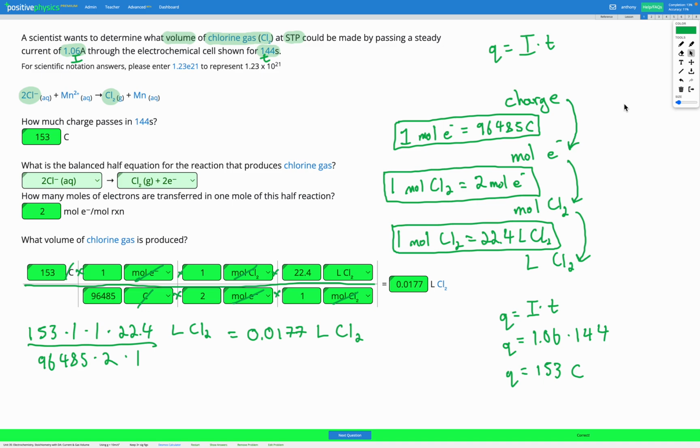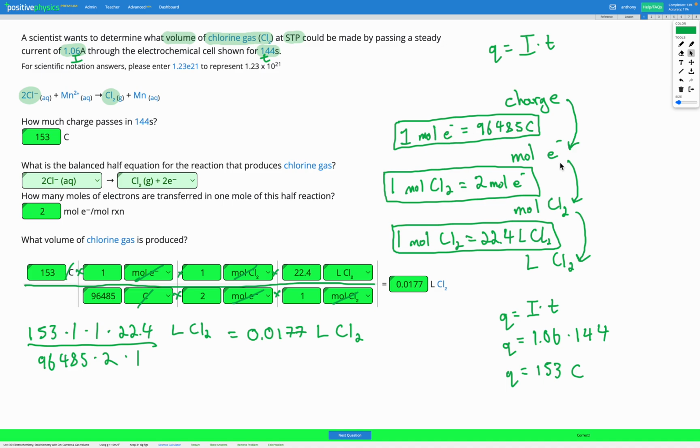So in this skill, we'll be converting between charge and the volume of a gas. So either you'll start with the charge, you'll find the moles of electrons, the moles of the gas, and then the volume of the gas, or you'll start with the volume of the gas, you'll convert to moles of the gas, moles of electrons, and then charge. To convert between charge and moles of electrons, we're using Faraday's constant.